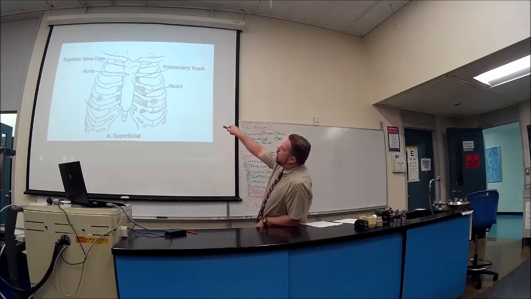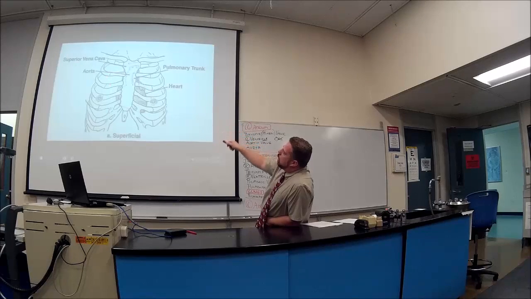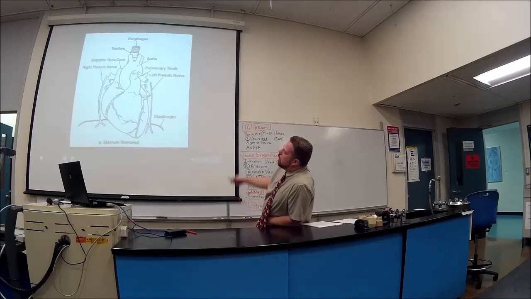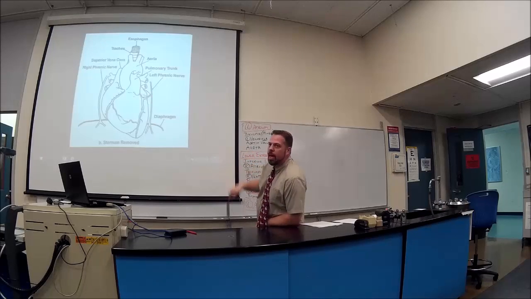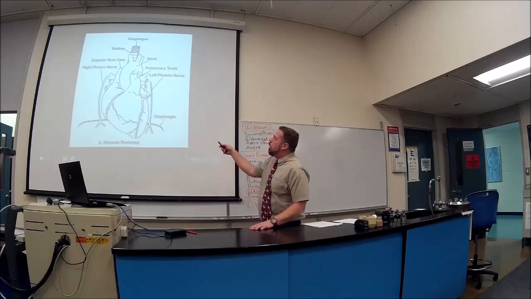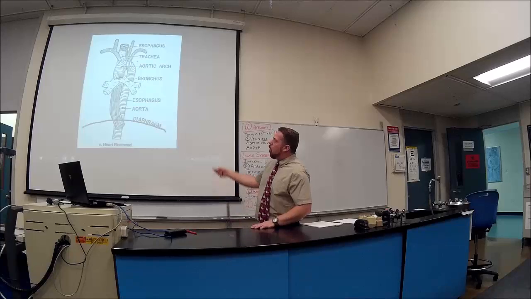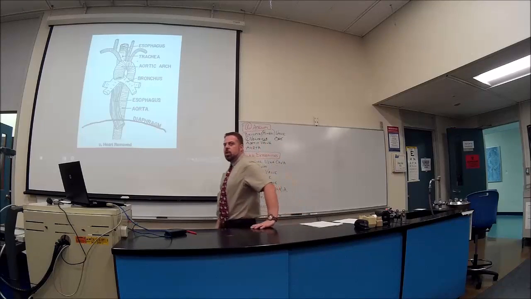So the mediastinum behind the sternum plate is going to be this. If we remove the sternum and the rib cage, that's the mediastinal area. It has the heart. You'll have phrenic nerves that go down to the diaphragm. Even if I remove the heart, all of that is also found in the mediastinum.